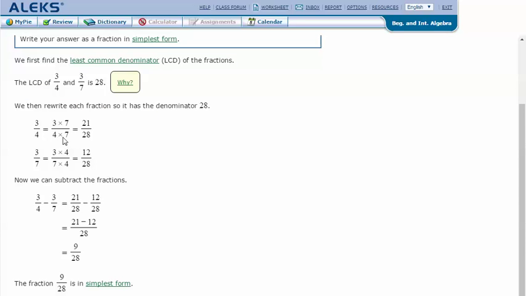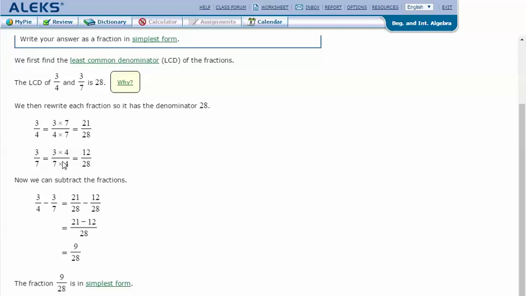And so 4 times what is 28? Well, 4 times 7 is 28. And on the top, 3 times 7 is 21. So 3/4 rewritten with a denominator of 28 is 21/28. And 3/7 rewritten with a denominator of 28.